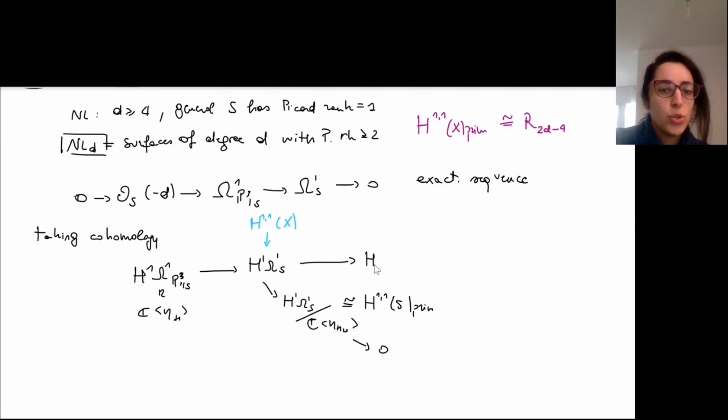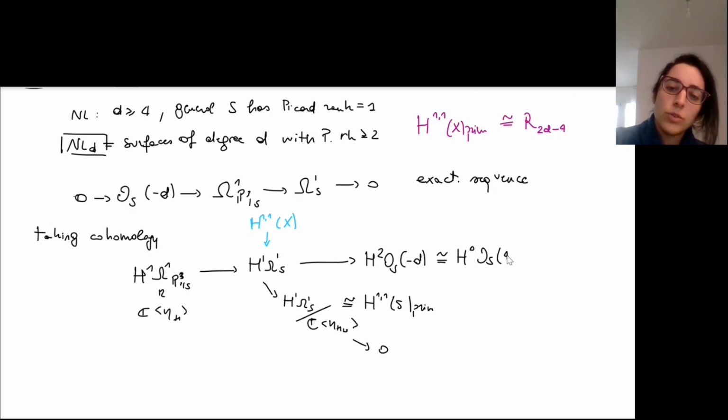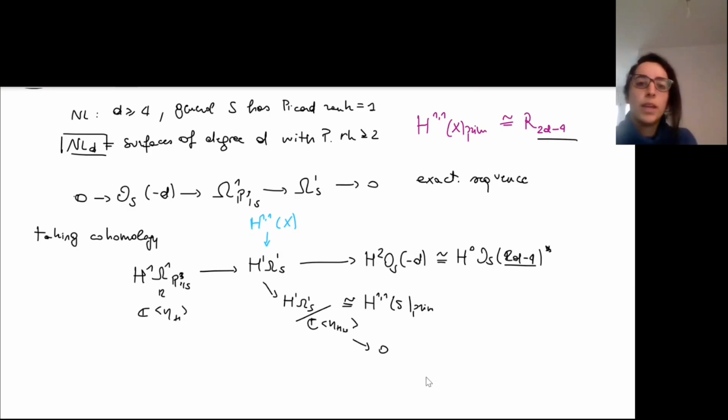So we go to H2 of OS minus D, that is dual to H0 OS for D, 2D minus 4, and this 2D minus 4 is exactly this 2D minus 4.